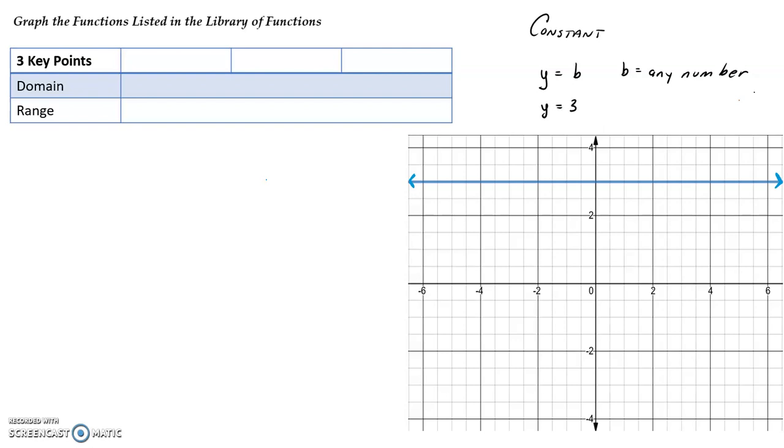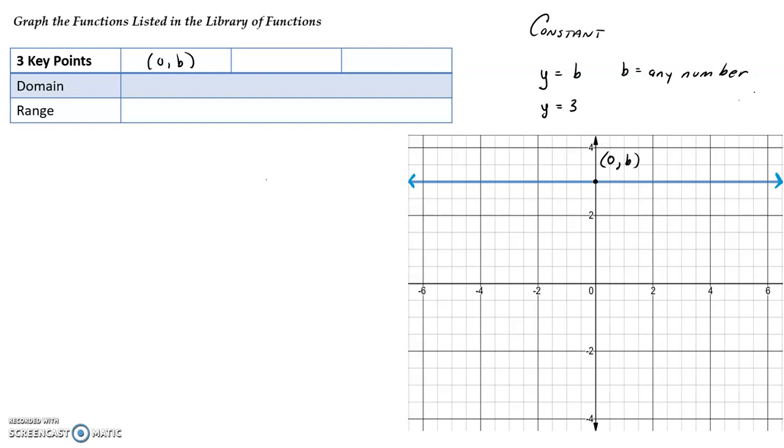And in the example that I have graphed, I'm going to go ahead and use the equation y equals 3 for right now. And let's go ahead and take a look at 3 key points that are on this graph. Our first one is going to be our y-intercept. So this is going to be the point 0, whatever that b value is. So one of our key points is going to be (0, b).